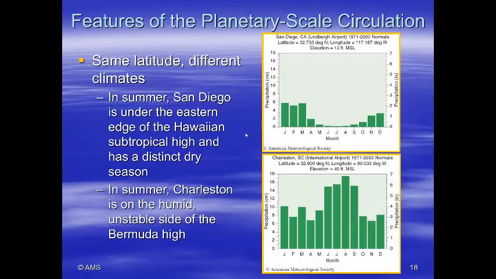So here shows two cities at the same latitude, but they have very different climates. So if you look at the precipitation in San Diego, California, what we see is that during the winter months, we have high precipitation. And during May, June, July, August, and September, we have very little precipitation.